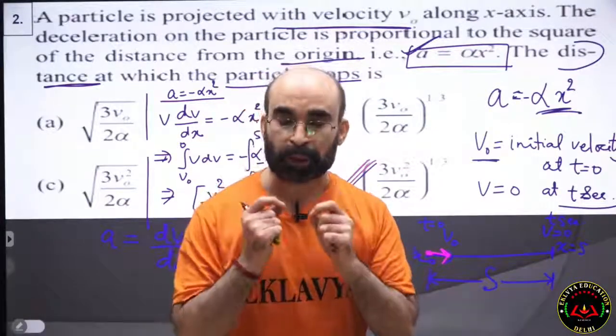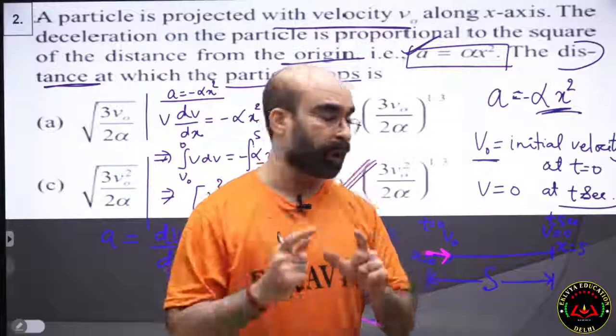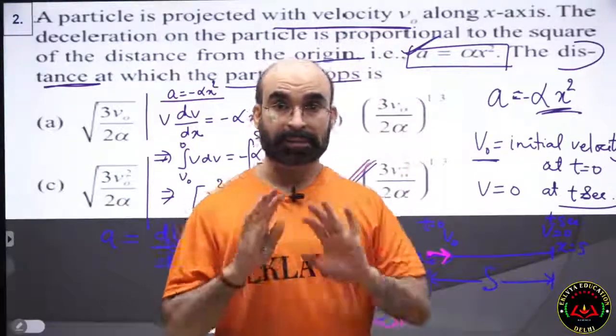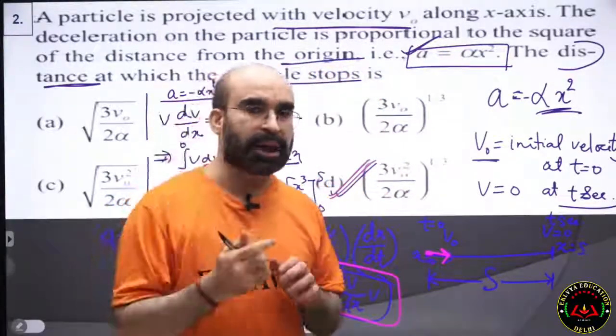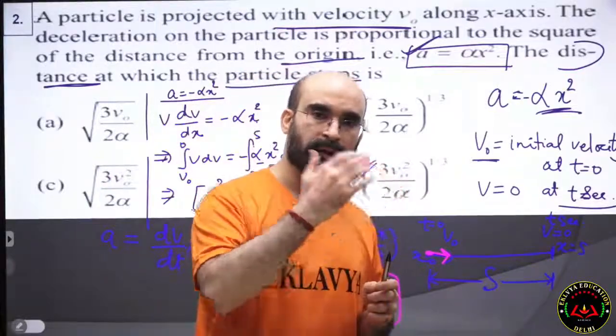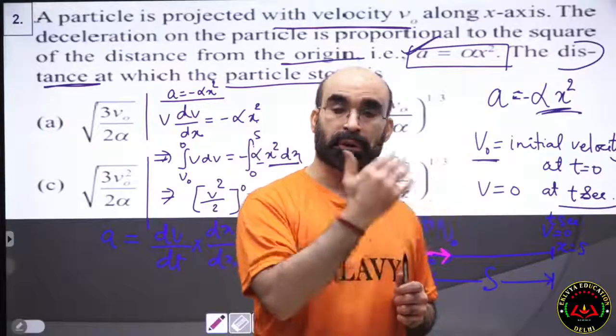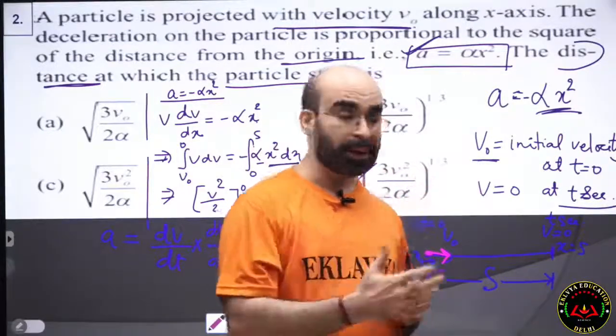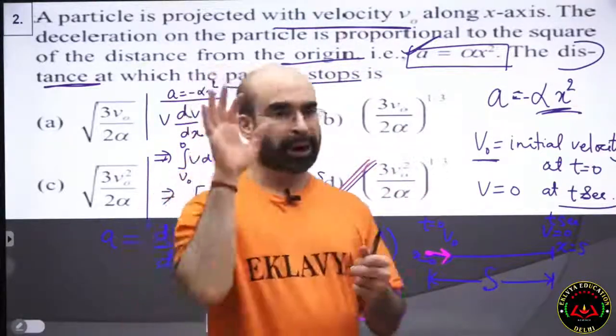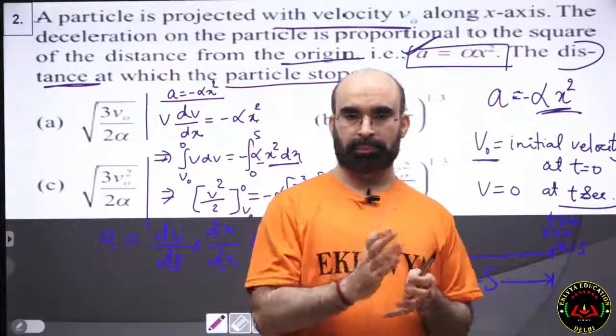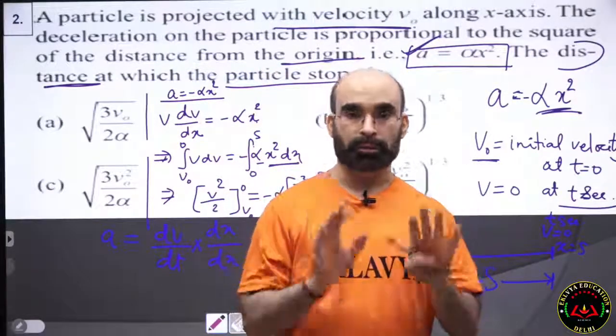So velocity becomes 0. When velocity becomes 0, that is given to us. That clearly means that acceleration is negative. It is decreasing with time, decreasing with velocity, decreasing with distance, right? When you apply a brake, that vehicle stops.